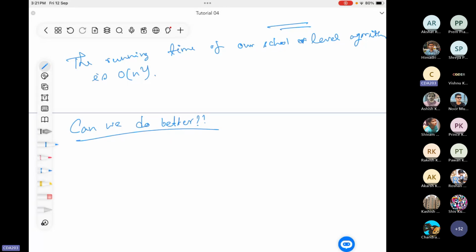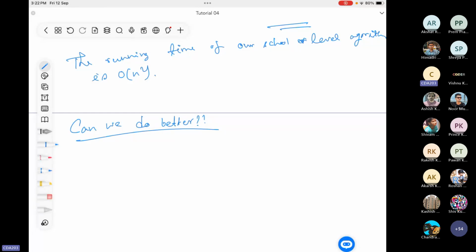Since I have already told you that this class is about application of divide and conquer algorithms, we will see an application of divide and conquer to this integer multiplication problem. Although that will not improve the running time by a significant amount.